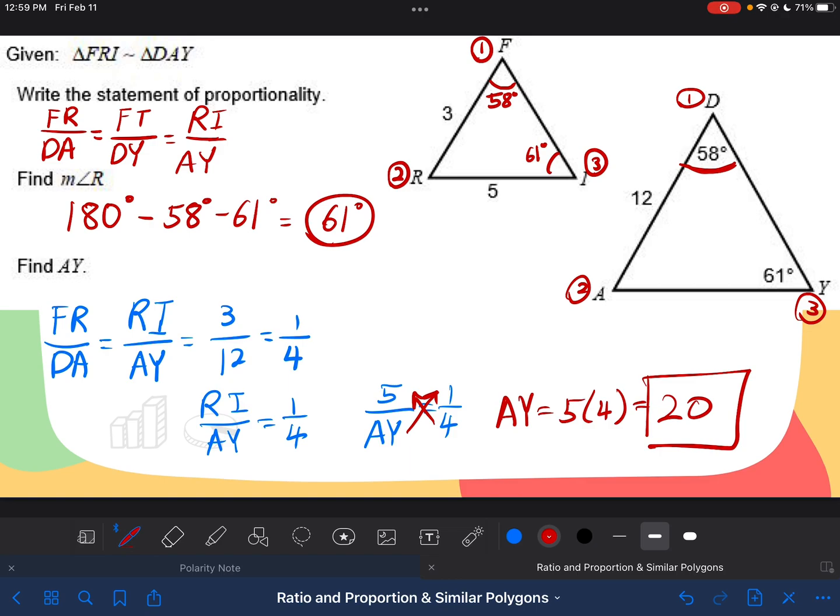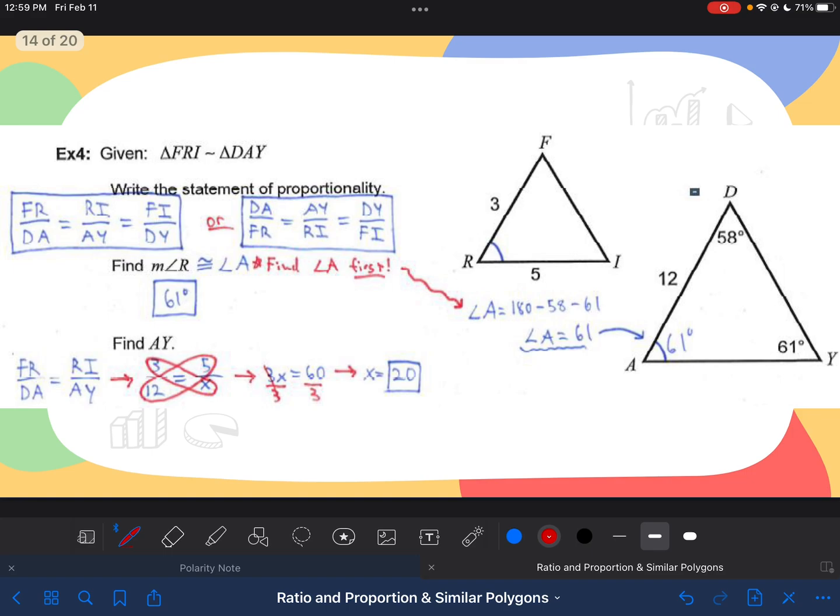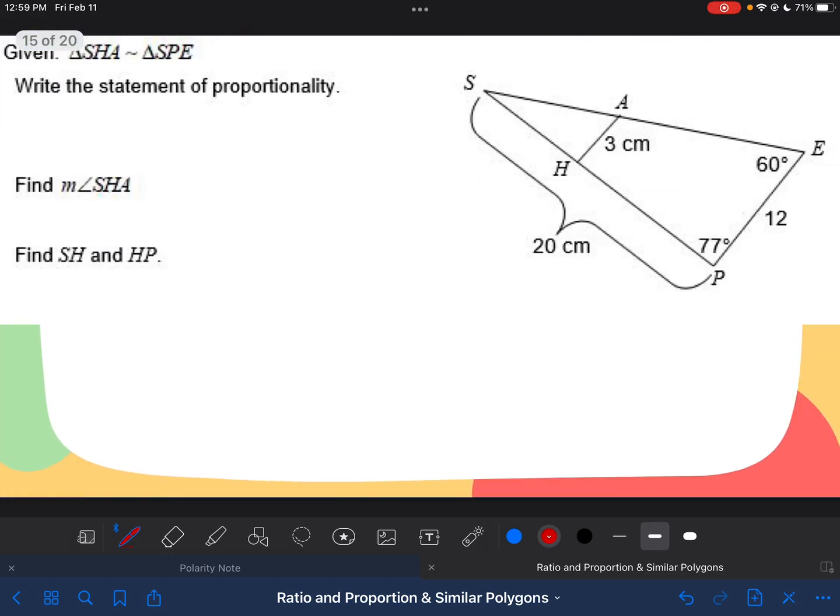All right, so using this as an example, try to solve the next question. Now, this is a different scenario, but a similar situation. Okay? So pause the video and try solving those questions. All right. So in this case, I'm going to mark out the triangles.